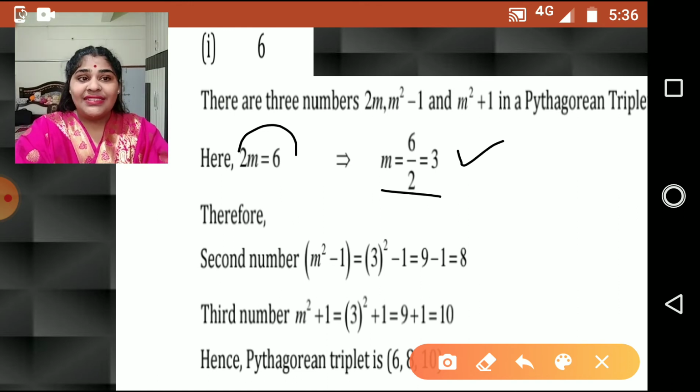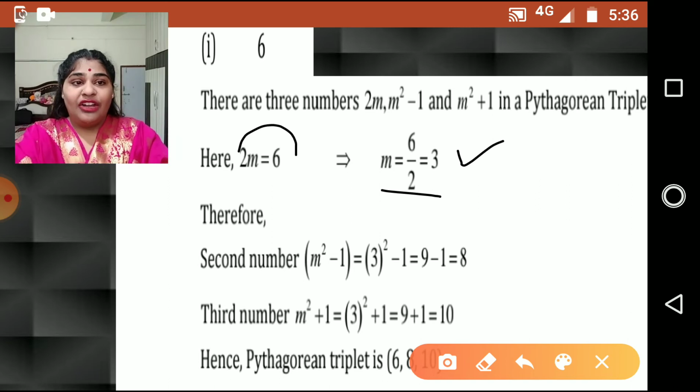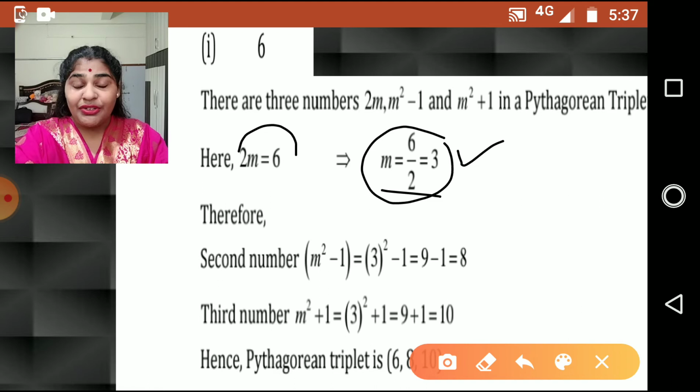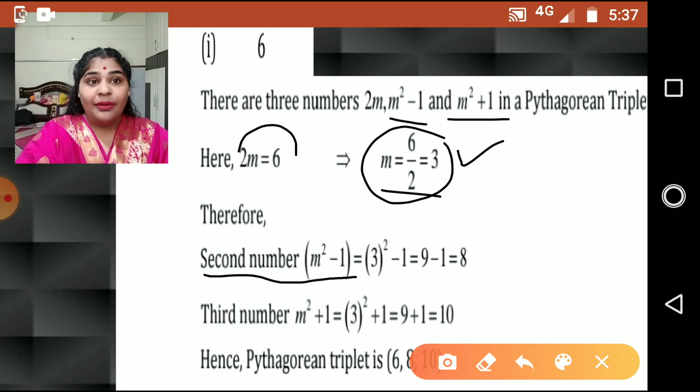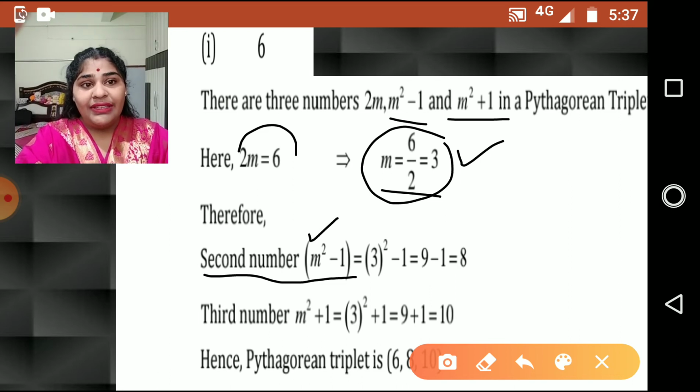So m is equal to 3. Now, once you get the value of m, children, you just substitute the value of m in the other two numbers. The second number is equal to m square minus 1, which is equal to, now m square will be 3 square.